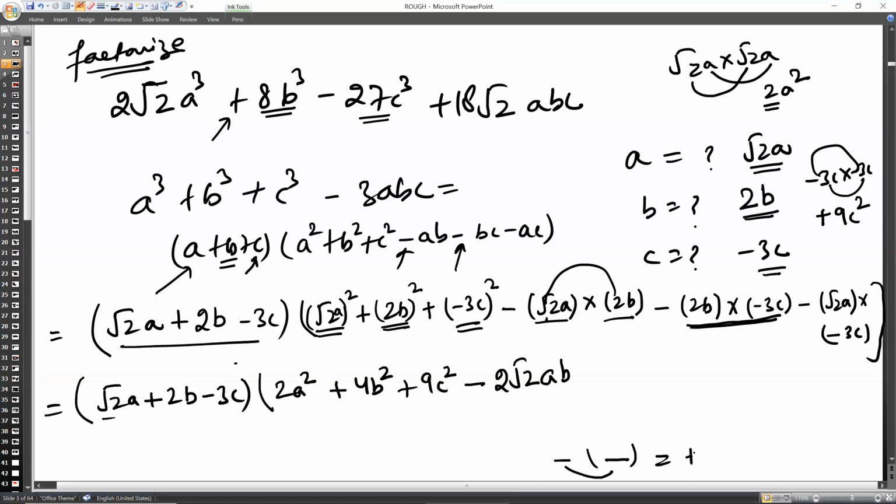So 2 into 3 you will get 6, plus 6bc. And then here again this is a minus term and this is a minus term, so minus minus will get plus, and 3 into root 2 you'll get 3 root 2 ac. Got it?